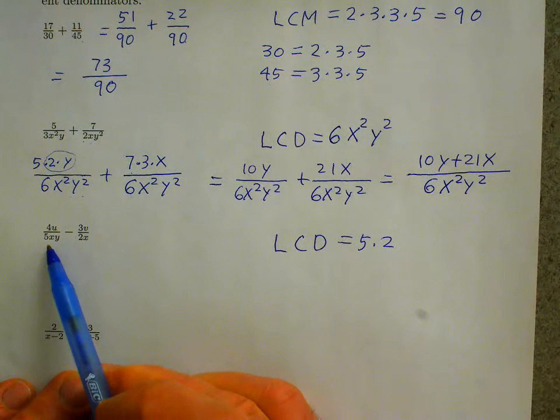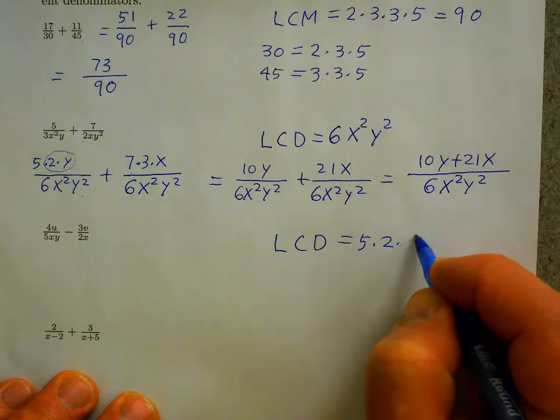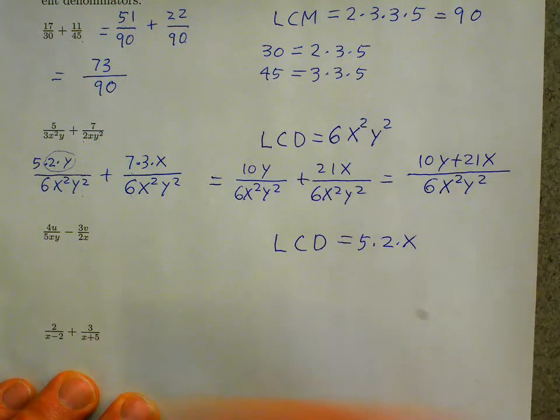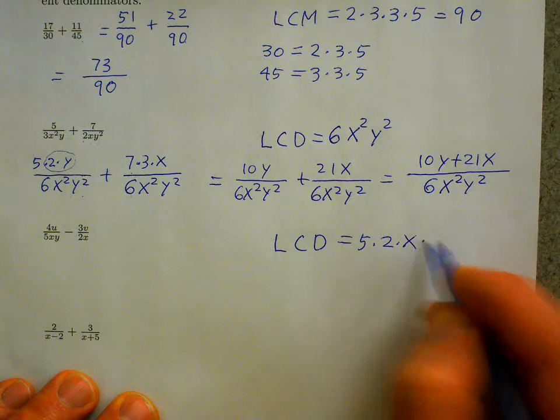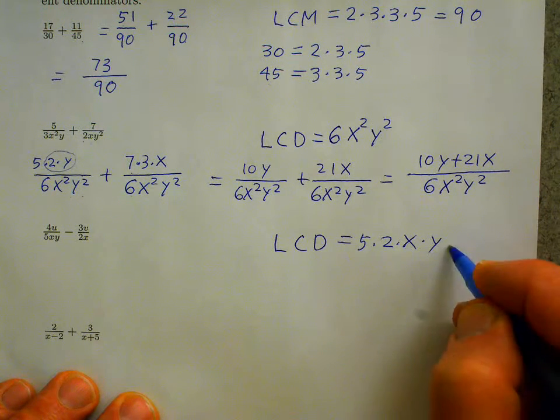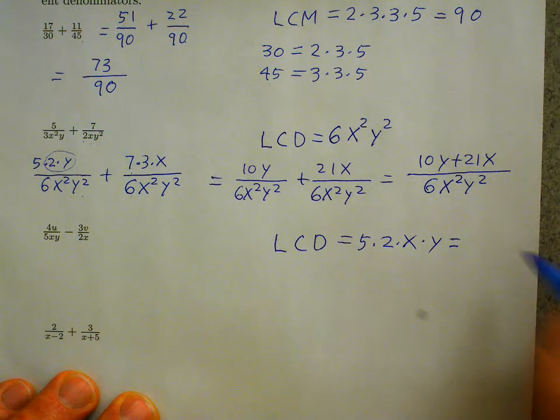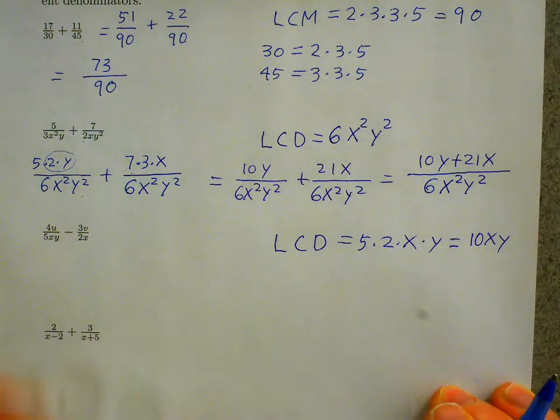Each of them has one factor of x, so the least common denominator has one factor of x. This denominator has a factor of y, so the least common multiple must also have a factor of y. So we simplify this a little bit, we get 10 times xy for the least common denominator.